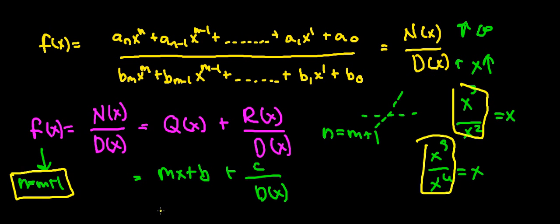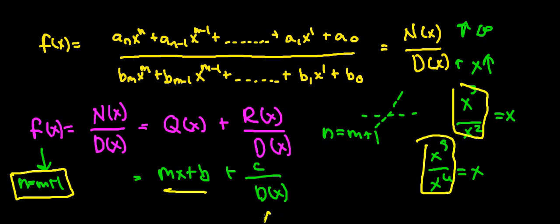But as we go to infinity, it's going to look more and more like a line. But it won't quite be a line because we have this remainder. It's not that it's not a line, but it won't be this perfect line right here, because this remainder exists.